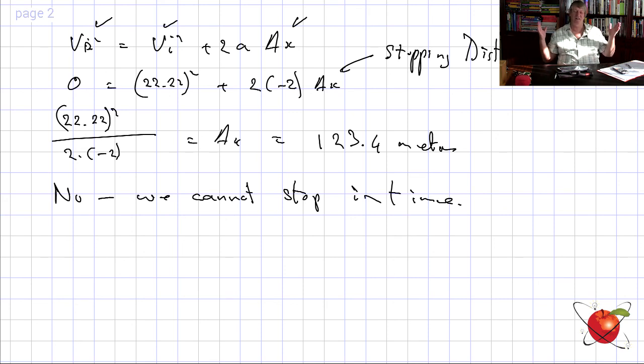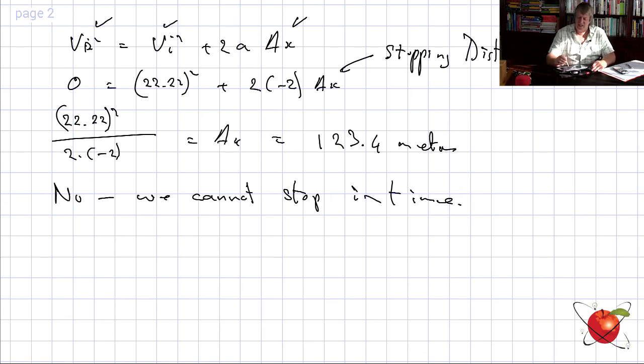That is where the concept of a safe following distance comes from. You've got to have enough time to stop, otherwise you hit the car in front. In this case, if he tries to stop, he's going to go over the stop street, and he's got no options, no choices.